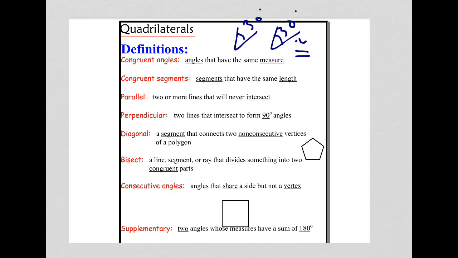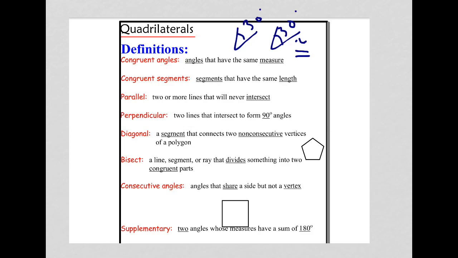So they're just angles that have the same measure or degree. Congruent segments are similar. They're segments that have the same length. So again, we use that congruent symbol to describe congruent segments. Those are just line segments that have the same length.